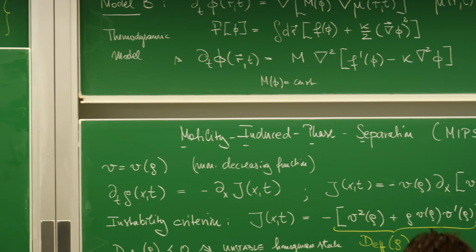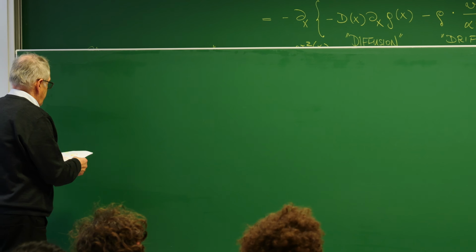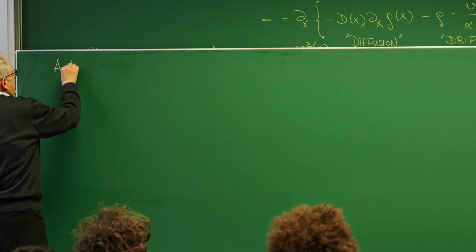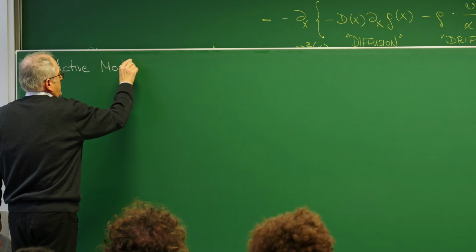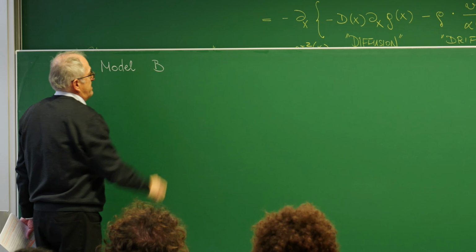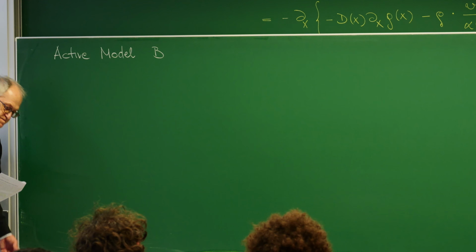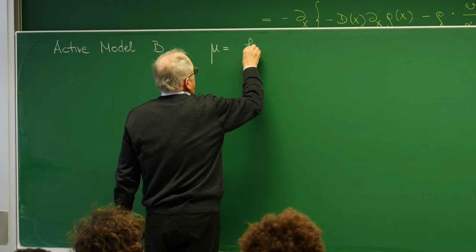non-equilibrium system. Now let's see whether we could, by symmetry arguments, also construct a model that has a structure which is not consistent with a thermodynamic formulation. And that's in the literature called an active model B. So let's see. We have mu equals f prime of phi minus kappa nabla squared phi.